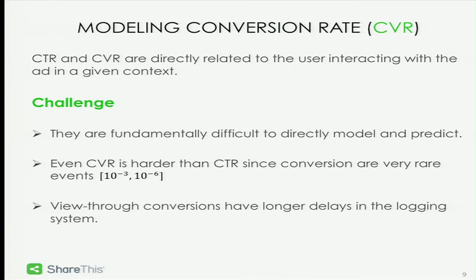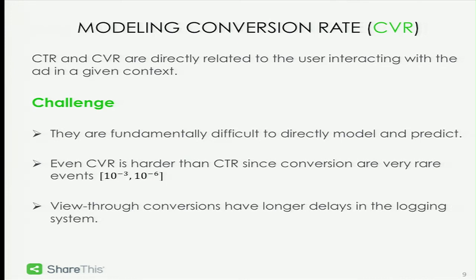It's a very, very rare event, and its order can vary from 10 to the minus 3 to 10 to the minus 6. And 10 to the minus 6 means that out of 1 million impressions that you show, maybe one person purchases a product. So that's really, really rare event.